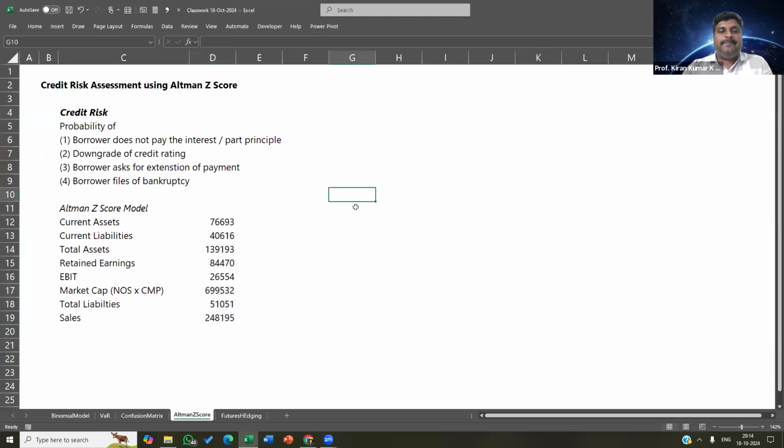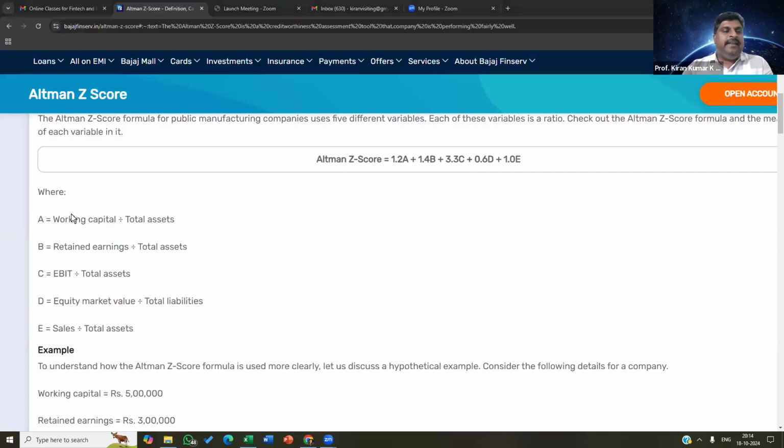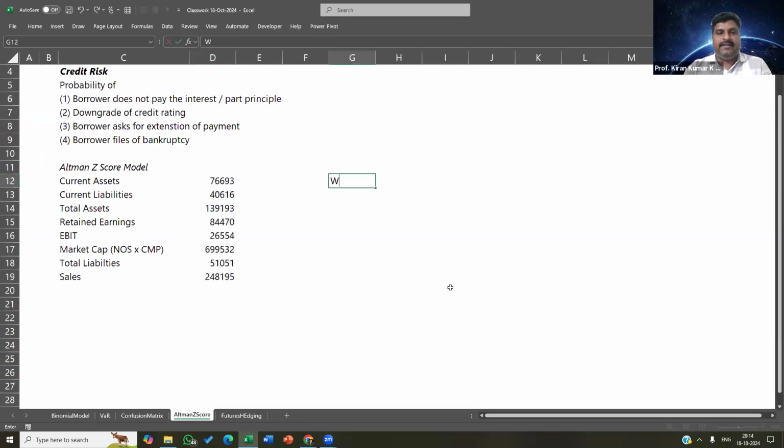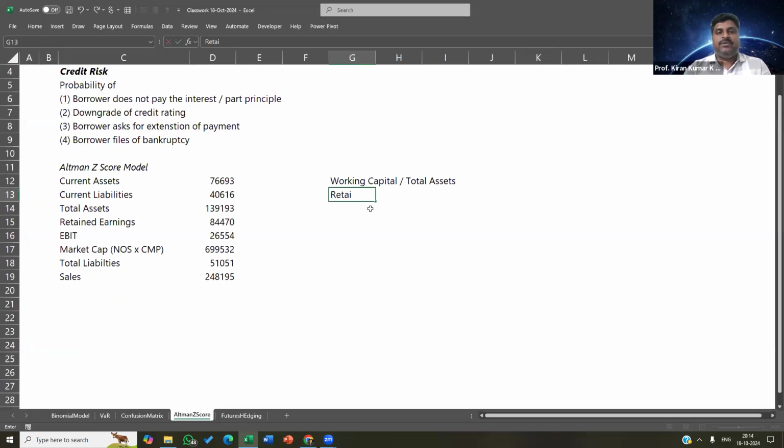So what ratios do we need? I'm going to type it here. We need working capital divided by total assets. Okay, this is one ratio. Retained earnings by total assets. That's another second ratio. By now, I think you know that all the information required for us to calculate these ratios are collected here.